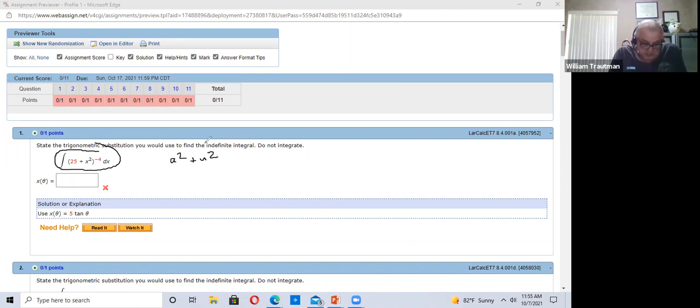If you're going to use a squared plus u squared, then your u changes to a tangent theta. Well, a is 5. And that's all it's asking you: what are you going to change your x to? It's 5 tangent theta.